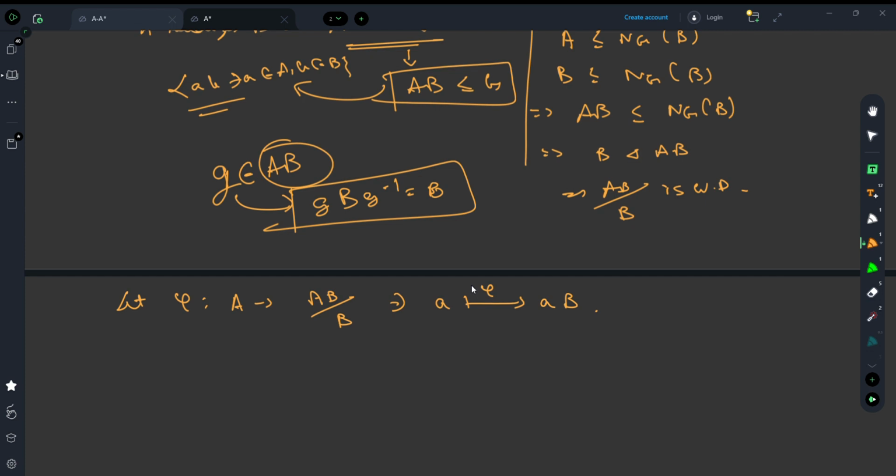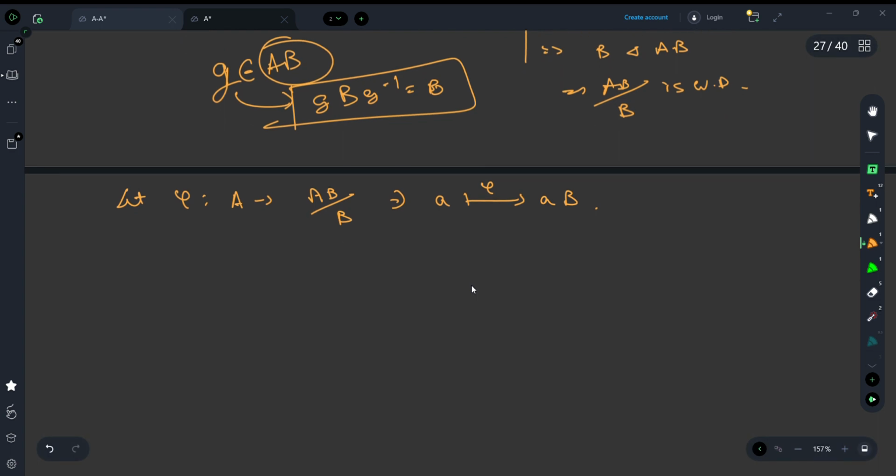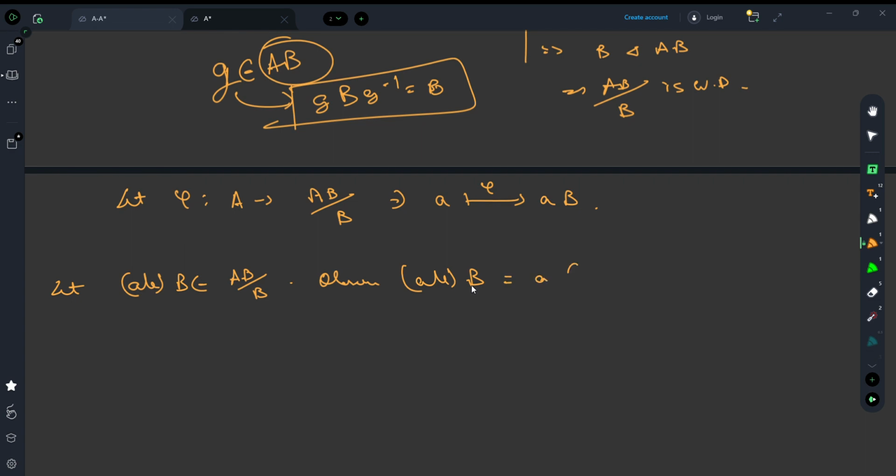Is it onto? That's a good question. So let us check whether it's onto. An element of AB mod B will be of the form abB. But then observe that abB is, by associativity, a(bB). But b is an element of B, so bB is B by definition of the collection.